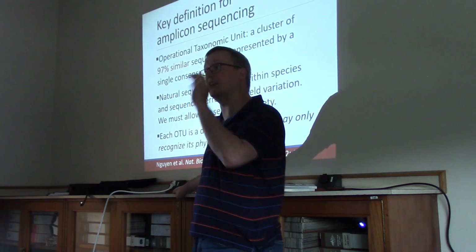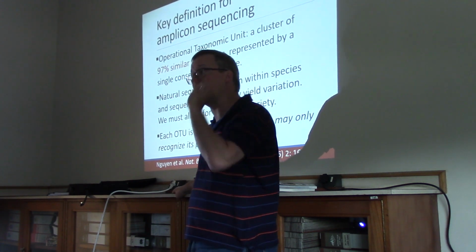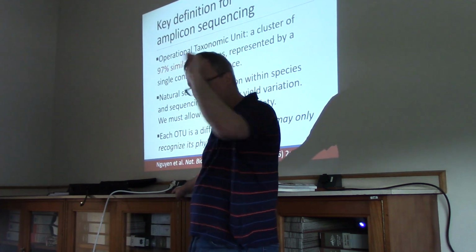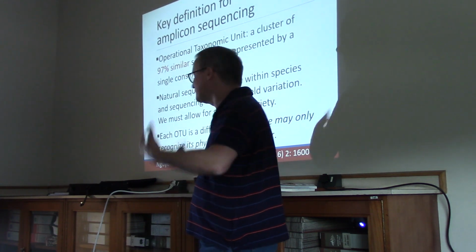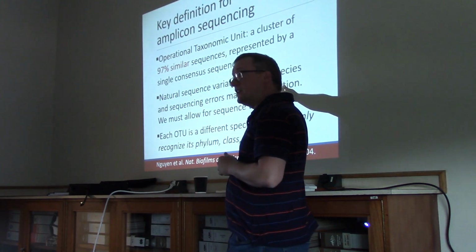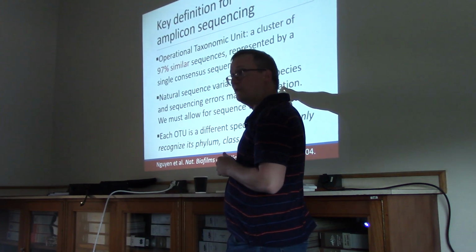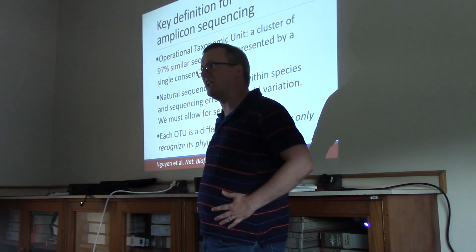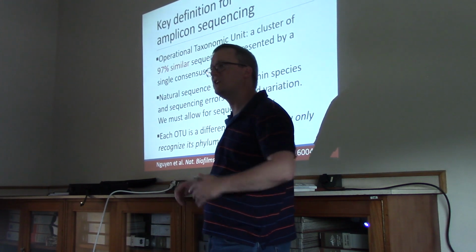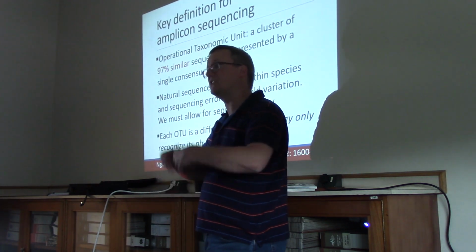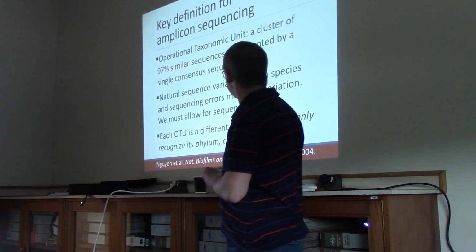But getting this notion right away that we are clustering together similar sequences and calling them individual OTUs is a really important first step. So it may be that the sequence differences you observe are natural sequence variation, that all the different E. coli bugs in my guts have very slightly different sequences, and so this is biological variation within the species that we're capturing in this cloud.